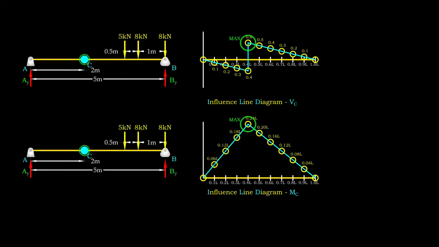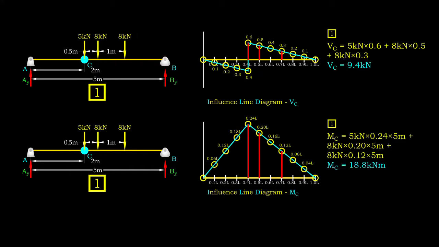A series of concentrated loads, which simulates the loading from vehicles, is an essential consideration when it comes to bridge design. When we are dealing with such a situation, the shear force and bending moment at one point need to be determined using the trial and error method. First, we identify the peak of the influence line diagram.